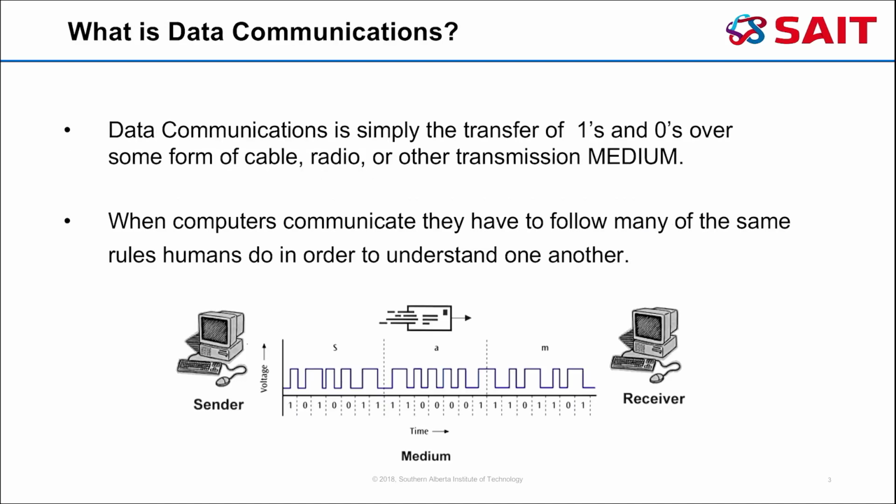As we mentioned in our previous presentation, data communications is simply the transfer of ones and zeros, and that is transferred over some type of connecting medium. Could be an unguided medium like wireless, or it could be cable, as in coaxial cable, twisted pair cable, fiber optic, and so on.